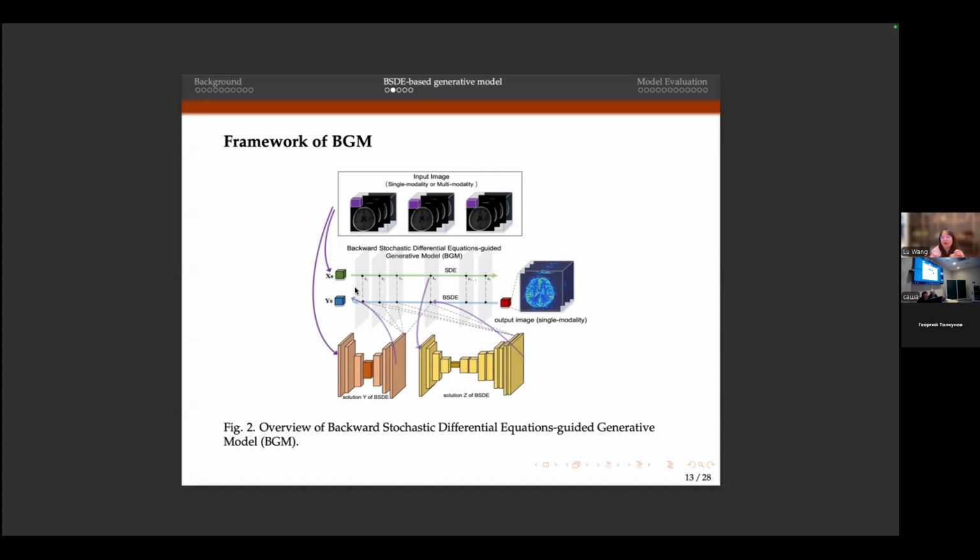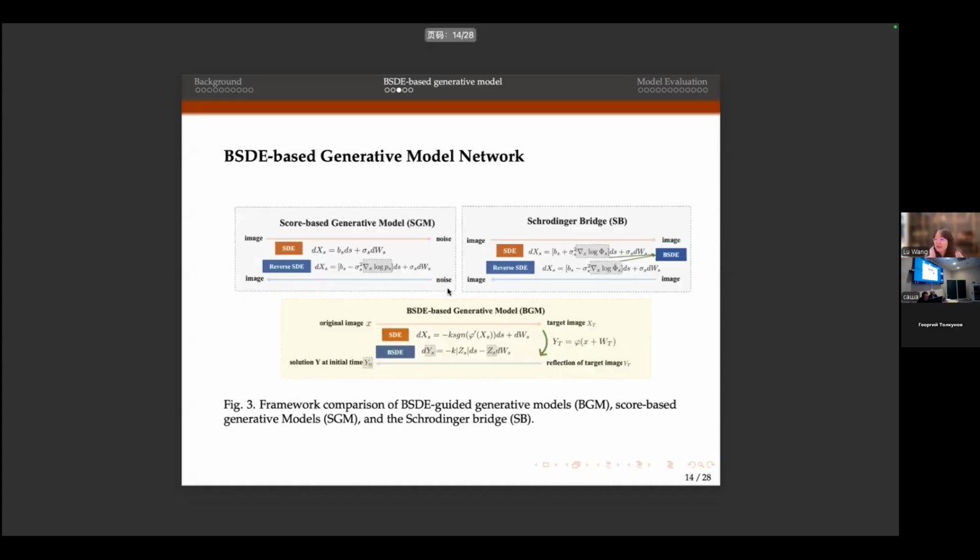Also, with the Kolmogorov principles, we formulate the following BSDEs. So we can look at this one. Yeah, this is the form we use. We can see that its solution comprises Ys and Zs from time S within the time 0 to capital T.